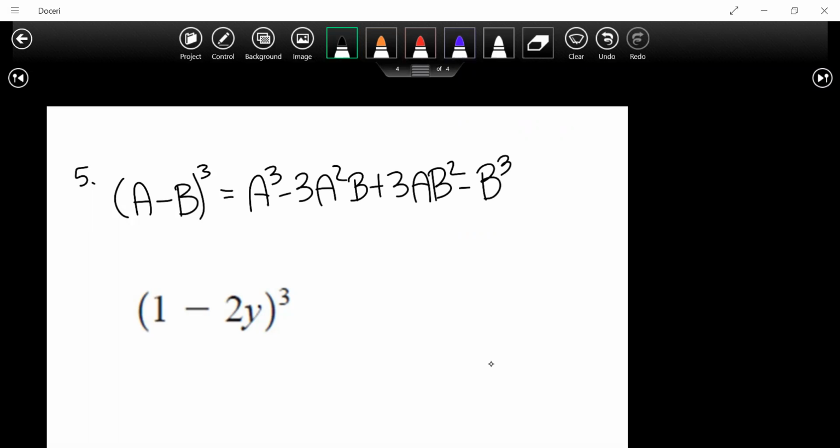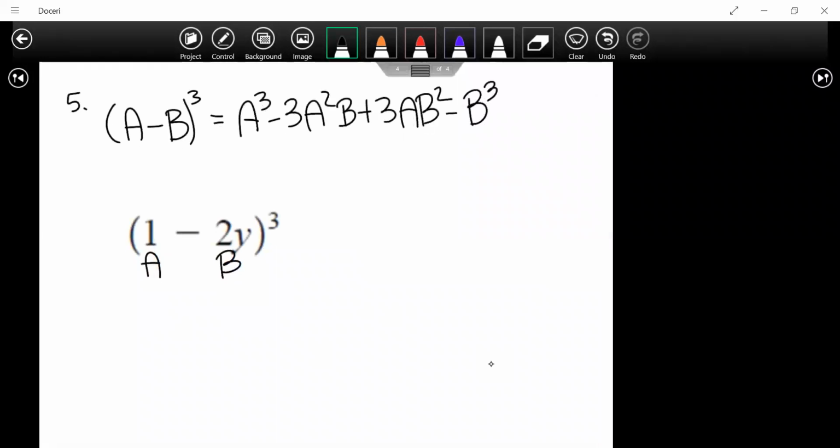Property number 5 is which one you want to use, right? We have A and B. So I'm going to follow this as best I can.